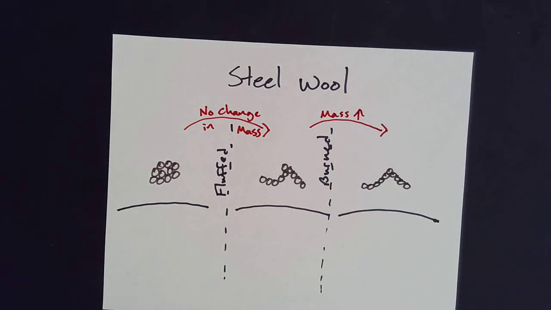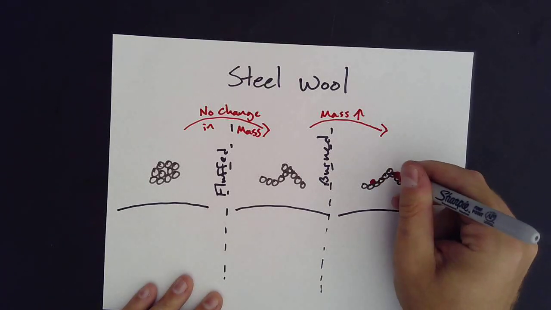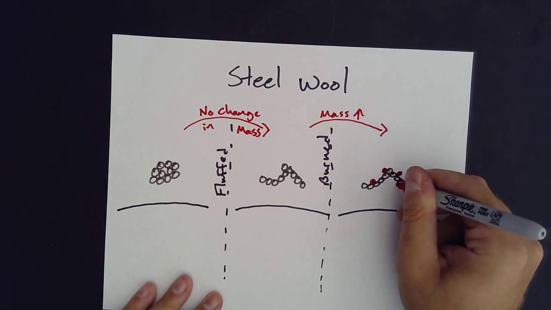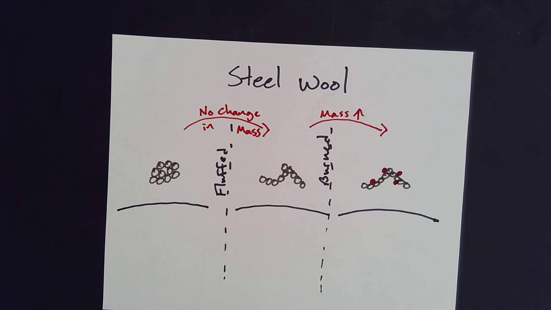So what is the only explanation? What is the only thing that could have happened? Well, the only thing that could have happened is that some matter is now attached and has been added in. So if we're here, we got 1, 2, 3, and we'll do another 4th one here. And we have new matter that has come in here.